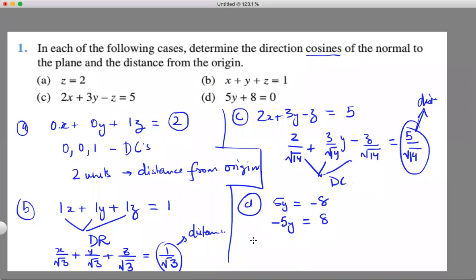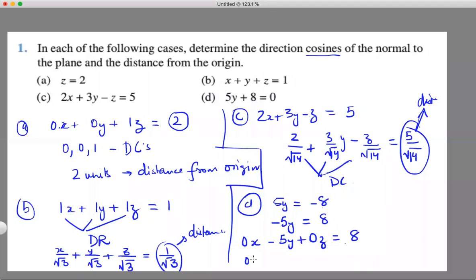Okay. And just for completeness sake, let me write it as 0x minus 5y plus 0z is equal to 8. Now to make the modulus of this side as 1, we will divide it by 5.